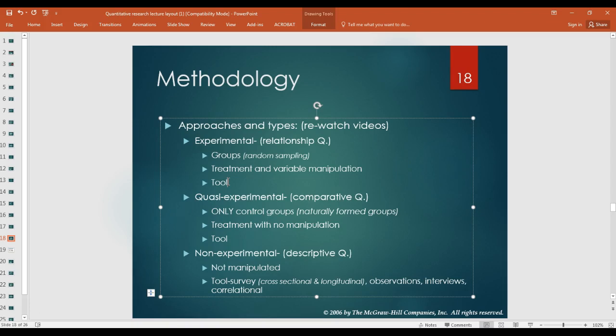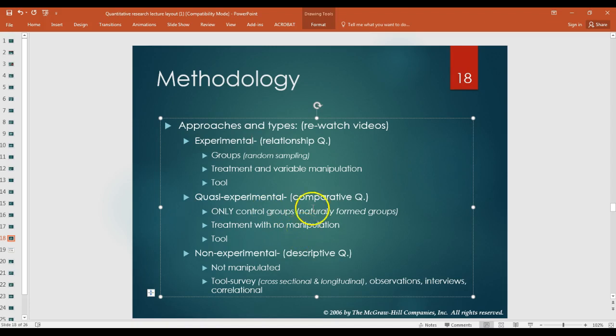Okay, in the non-experimental, there is no manipulation, and there is no cause and effect. So the quasi-experiment is exactly the same as the experimental, except for two things actually.